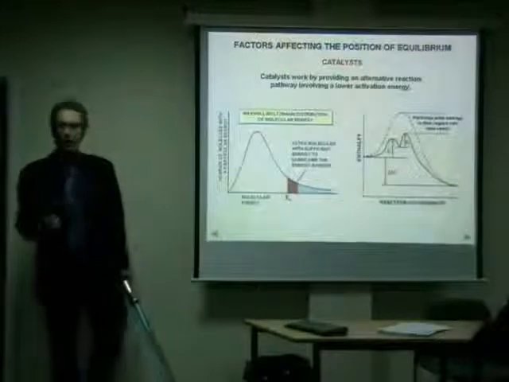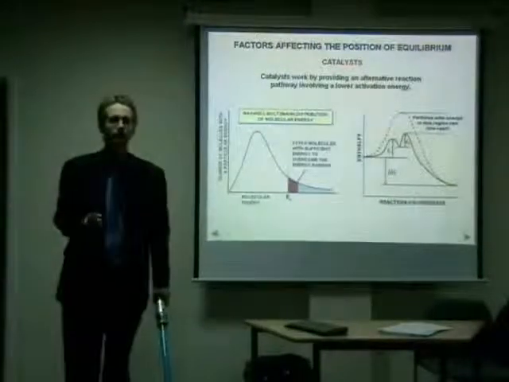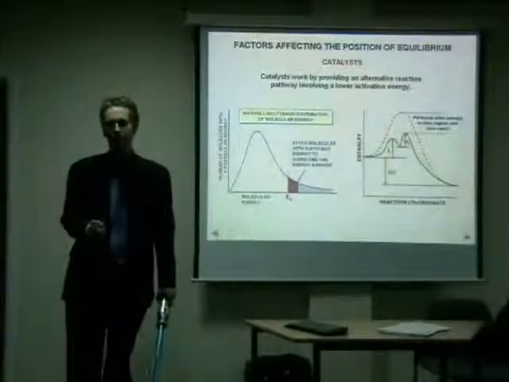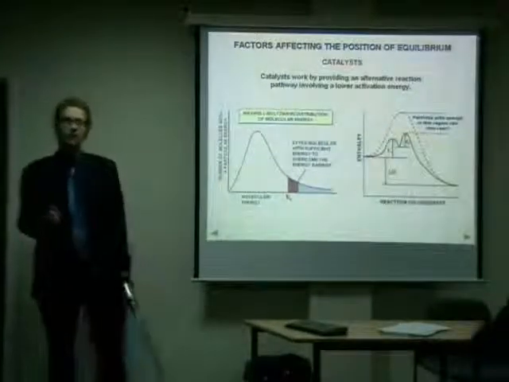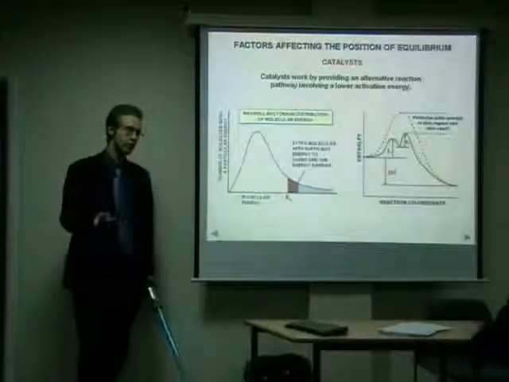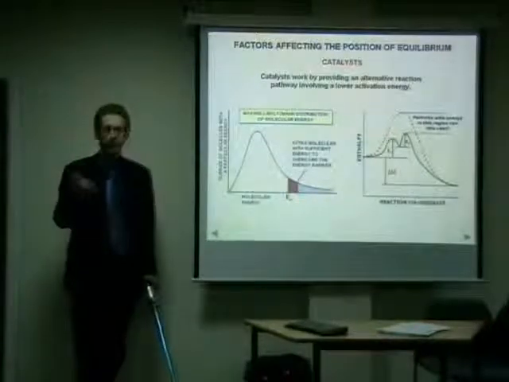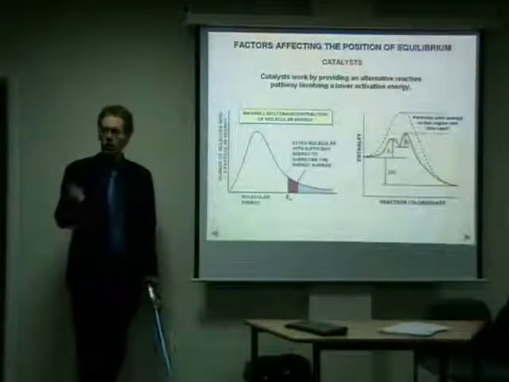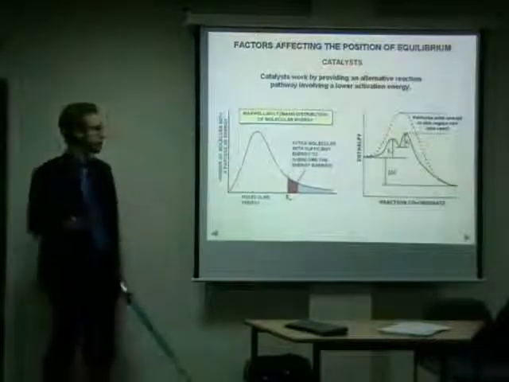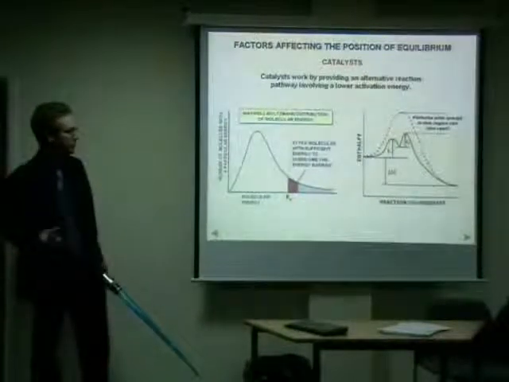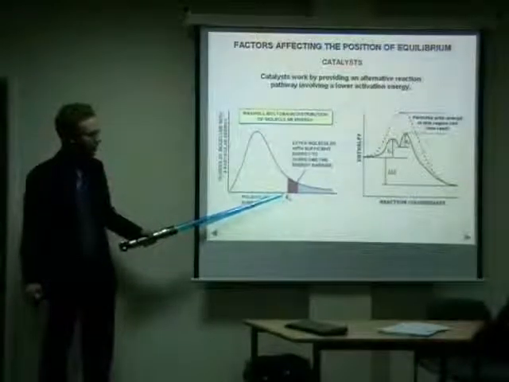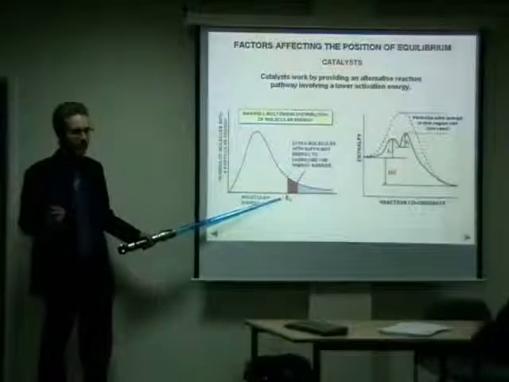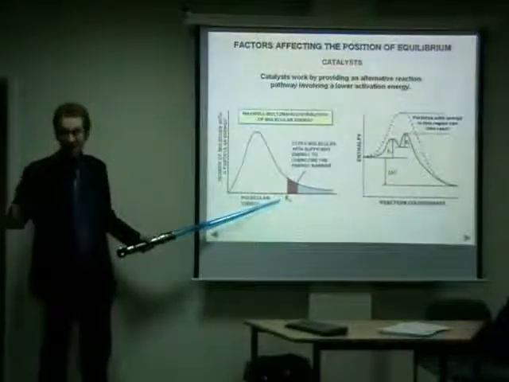Catalysts. Importantly, catalysts don't affect the position of the equilibrium. What they do is speed up the rate of attainment of equilibrium by providing an alternate pathway with a lower activation energy. And what you've got here is your Maxwell-Boltzmann distributions. This is basically saying you have a lower activation energy. Critically, a catalyst does not lower the activation energy.